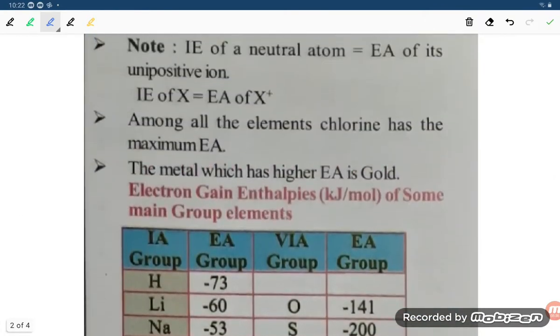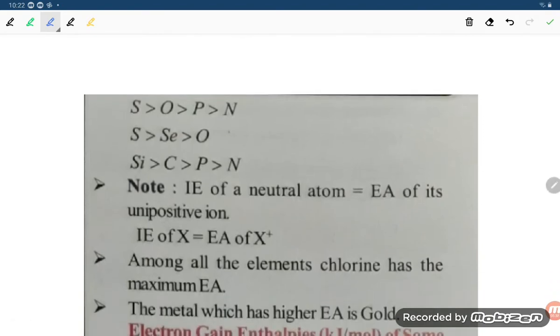Next, sulfur, oxygen, phosphorus and nitrogen. Sulfur has higher electron affinity than oxygen because of the small size of oxygen. Sulfur, selenium, oxygen. Silicon, carbon: silicon has more affinity than carbon.